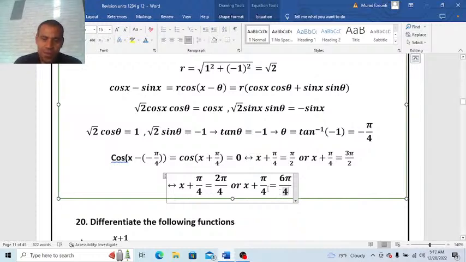Therefore, to solve this equation, x plus pi over 4 equal to pi over 4, the pi over 4 will be transferred to the right hand side. It will be negative.